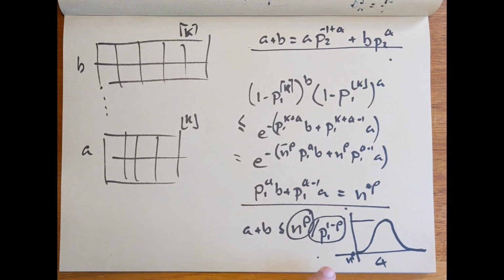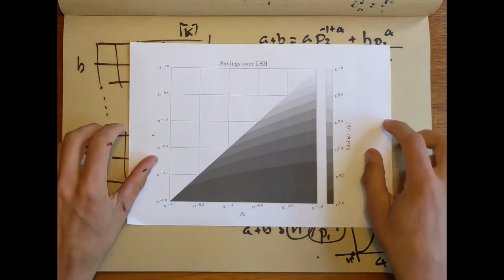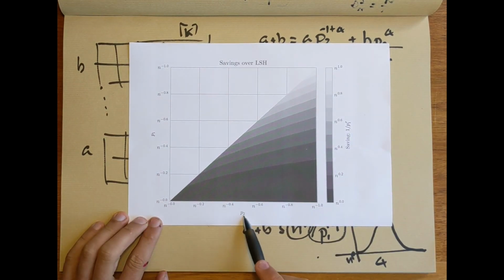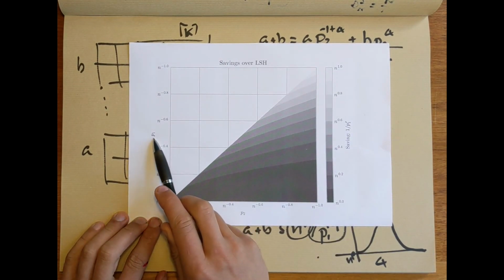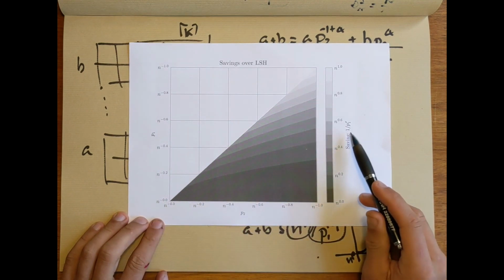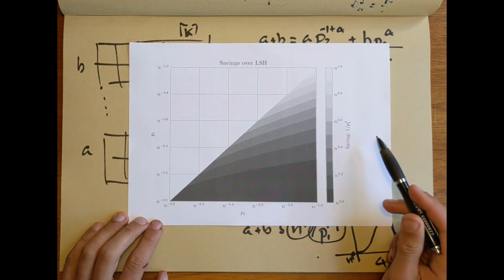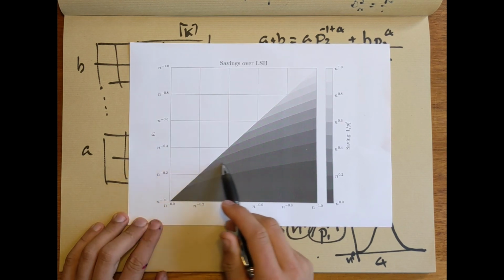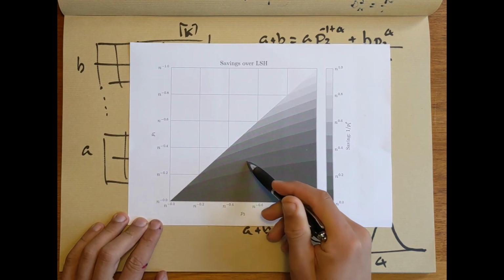So to see the significance of this p1 to the rho, I have made this graph here, which tells you, given a certain value for p2 and a certain value for p1, how much is the saving you have, this p1 to the rho. And we had the example from Netflix earlier. Maybe you had p1 around n to the third.